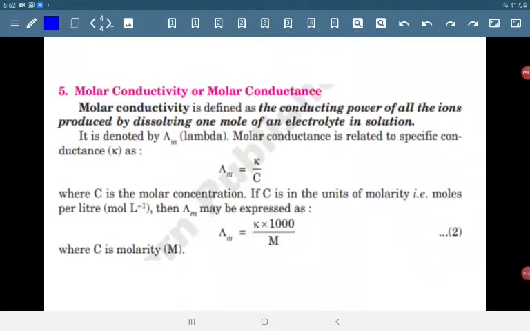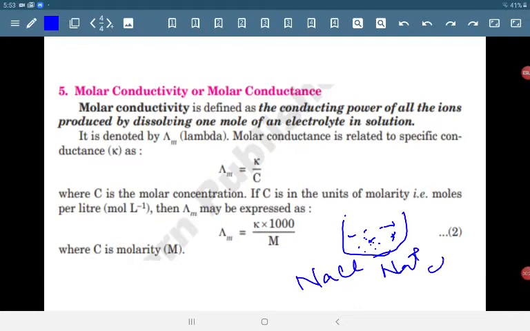Now we study molar conductivity or molar conductance. Molar conductivity is defined as the conducting power of all the ions produced by dissolving 1 mole of an electrolyte in solution. It means if we have a solution of electrolyte, ions are there. Suppose NaCl electrolyte, Na positive ions are there, Cl negative ions are there, moving freely. Suppose we have 1 mole of NaCl in solution.